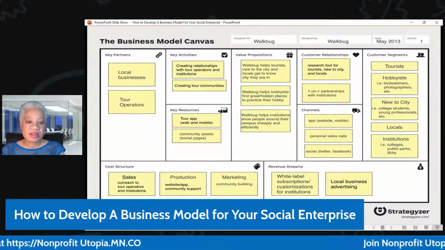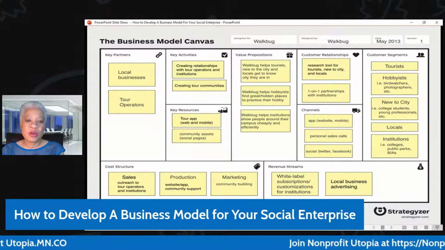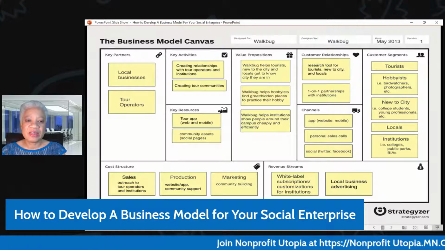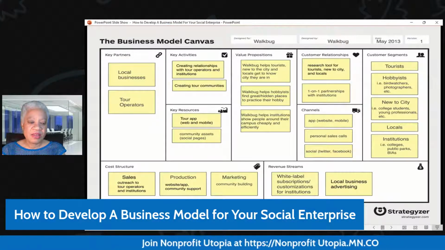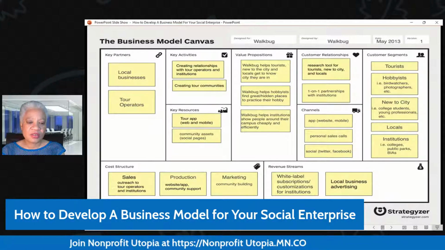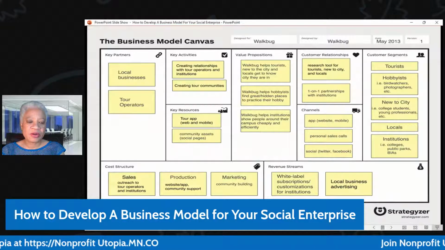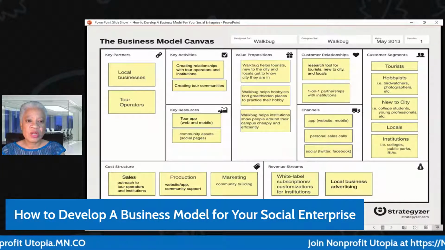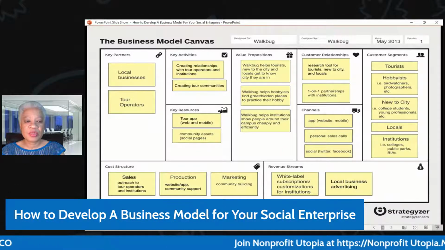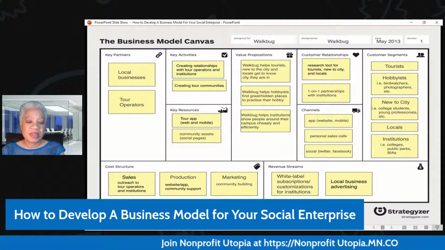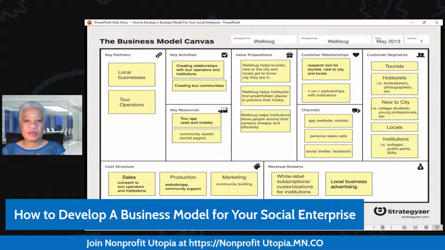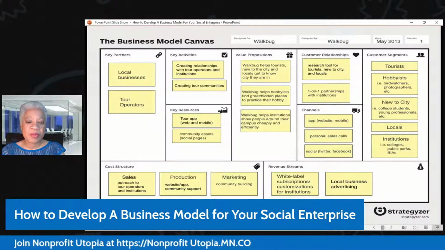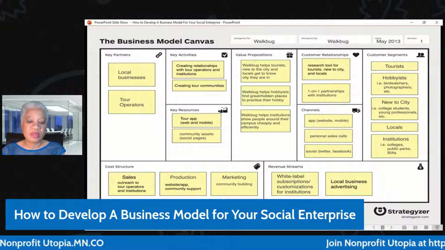And then they looked at the cost structure in order to effectively deliver value. And they had to pay for the cost of sales to outreach to tour operators and institutions. When it looked at cost of production, they looked at the cost of producing the website as well as the app, as well as supporting their online community.